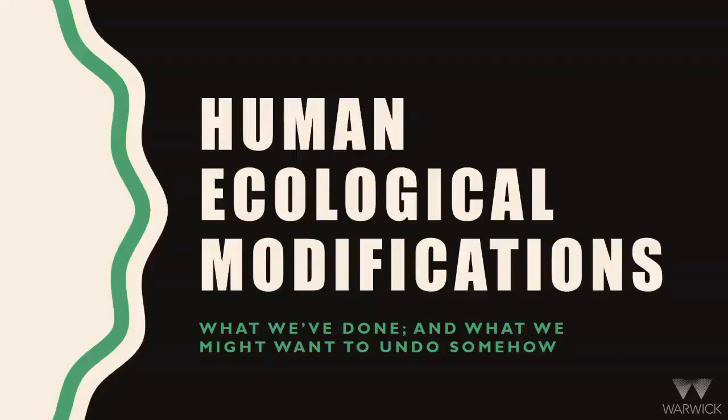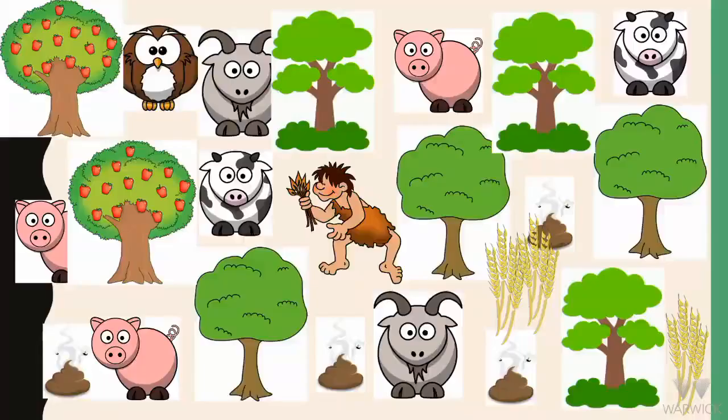So, thinking about the broad history and some of the key moments that it might be worth reflecting on, I want to have a little think about the more specific impact that humans have made on natural ecology, and also to then explore questions about how that might be changed.